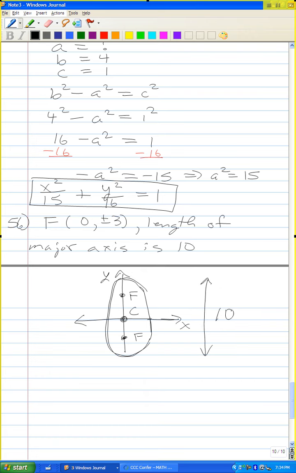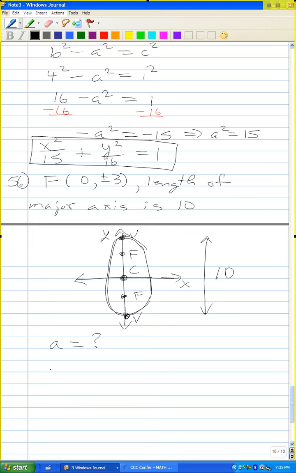And so, since your center is at the midpoint between your two vertices, the distance from one vertex to the other is 10. Therefore, the halfway is 5. Therefore, the vertex is located at 0, 5.